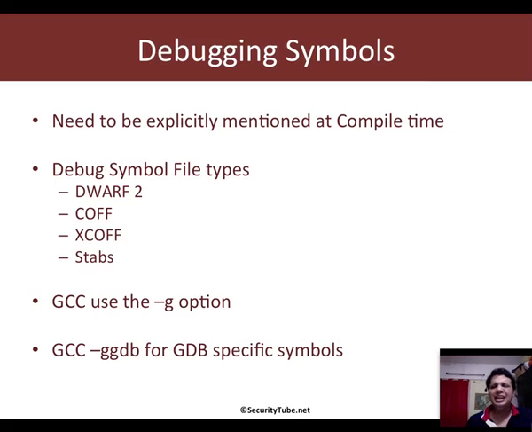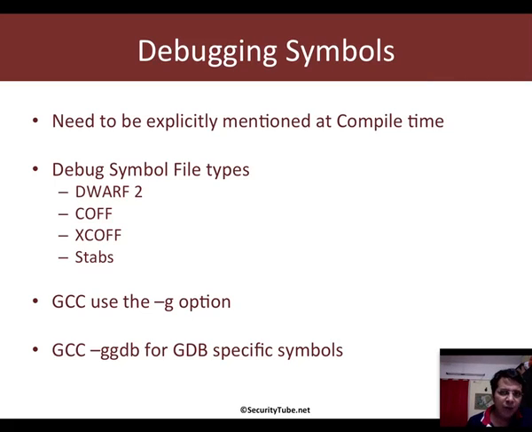Let's now dive a little bit deeper into these debugging symbols. Now, typically, you need to explicitly mention at compile time that you need to add debug symbols to the binary. Now, the symbol files themselves are of various different formats.